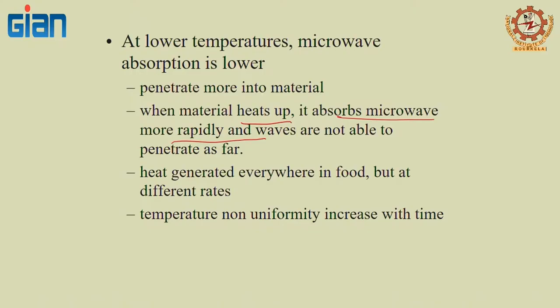And what's going to happen is you may have different food materials with different absorption capabilities. So that means they are going to heat in different ways within the microwave.